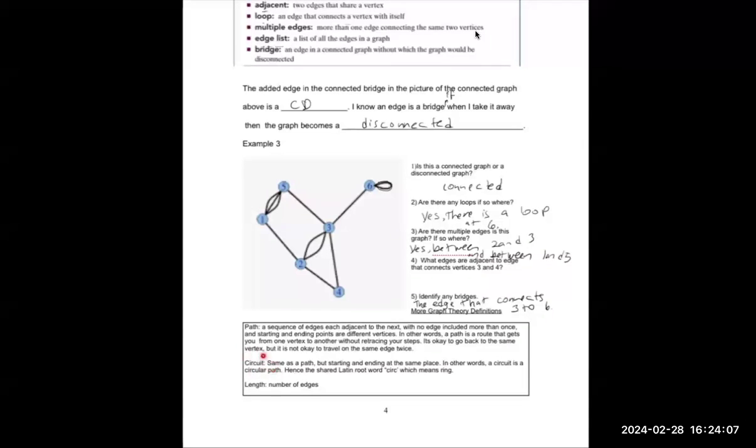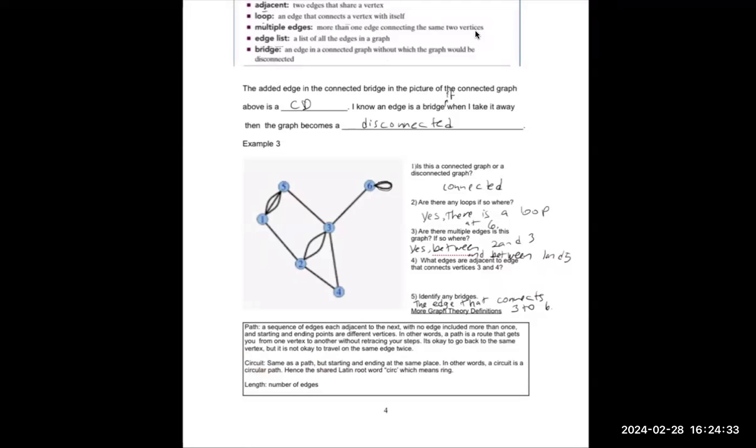The circuit is a path that is a loop. Not a loop in the sense that we were saying loop a minute ago in the definition here, but I mean circle. If you were going on a hike, you could follow the path, and it would take you back to your car again. You'd start at your car, go all the way around and come back to your car.